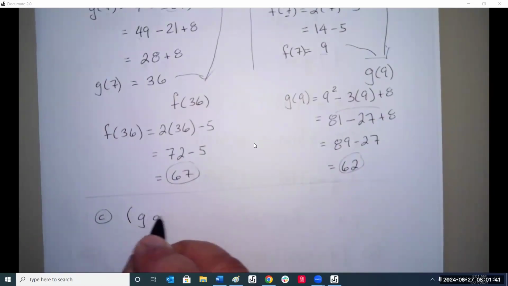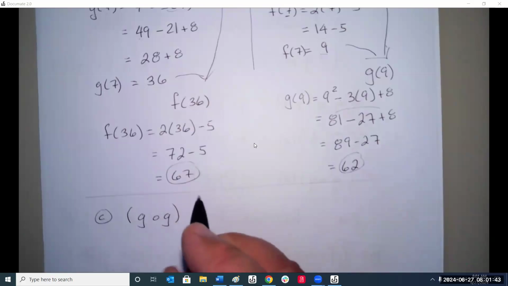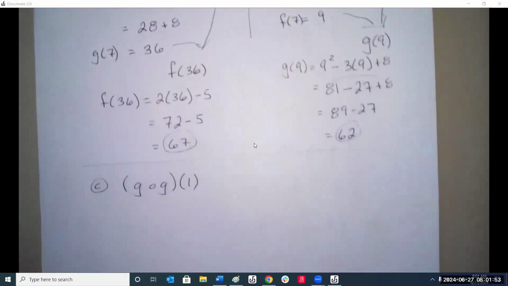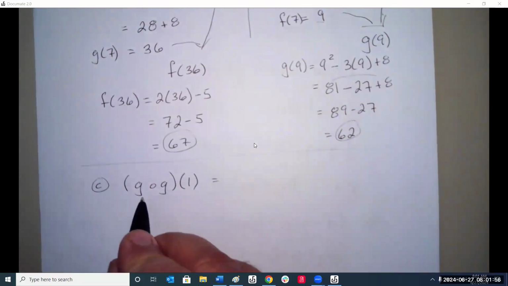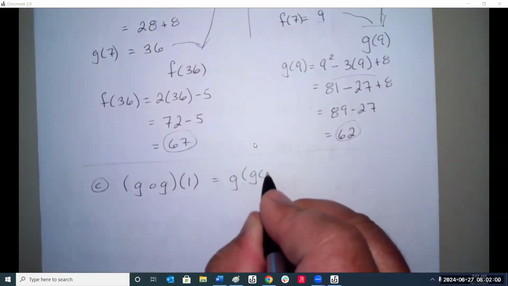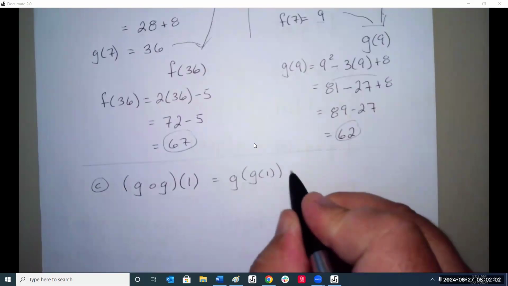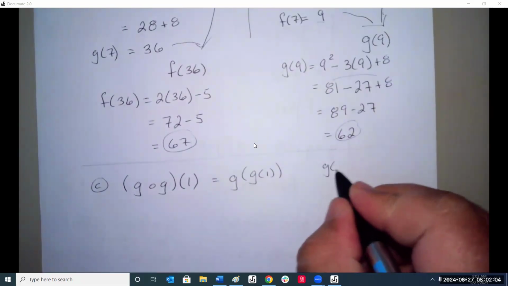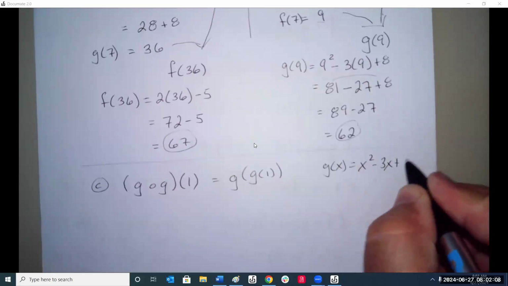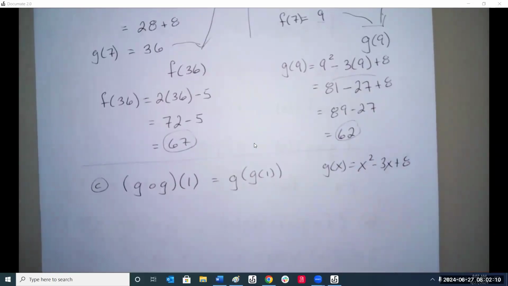C is looking for g of g of 1. So what that means is g of 1 first. Remember, g of x is x squared minus 3x plus 8.